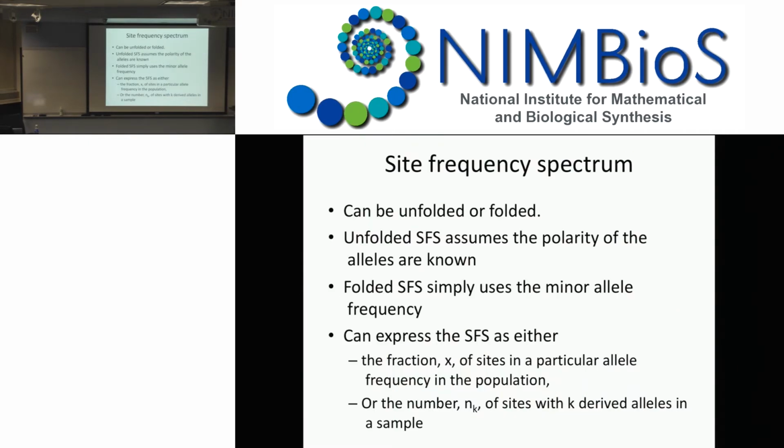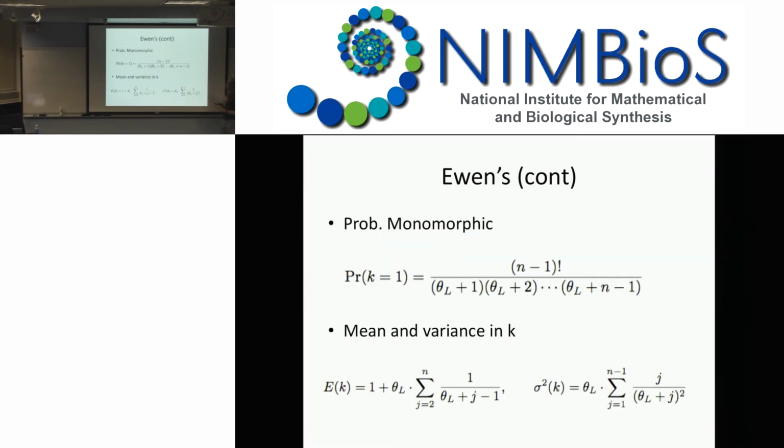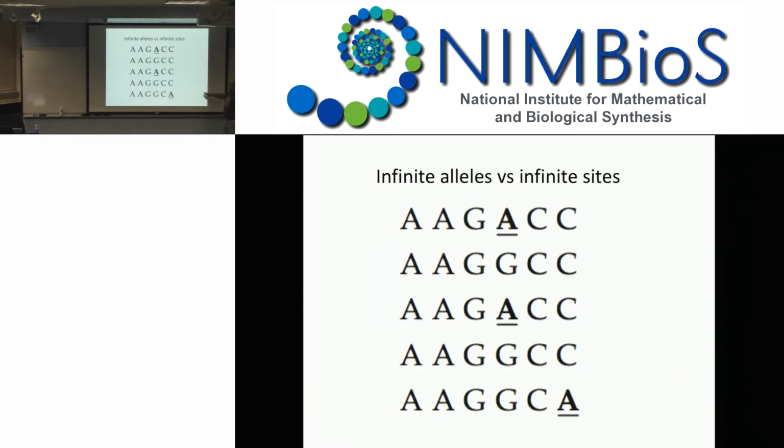And then I can also look at the full distribution of sites. How many sites are monomorphic? How many are present as 1 copy? How many have 2 copies, 3 copies, 4 copies? I'll get that in a second. That's the site frequency spectrum. So over here, the allele frequency spectrum says, how many alleles do I have, and how many alleles are present as 1 copy, 2 copies, 3 copies, 4 copies?